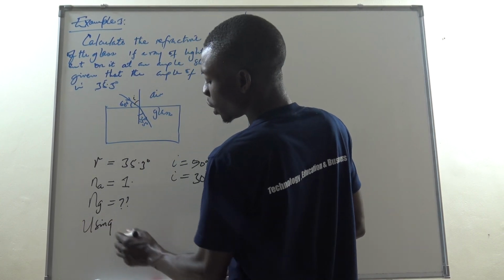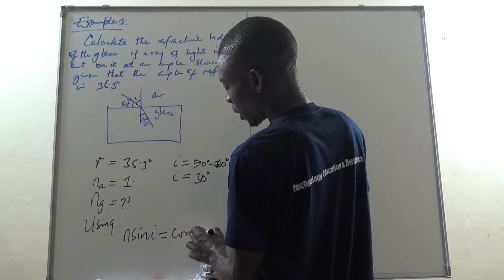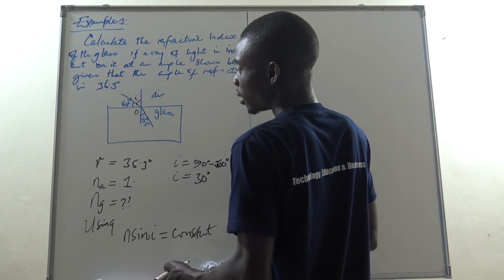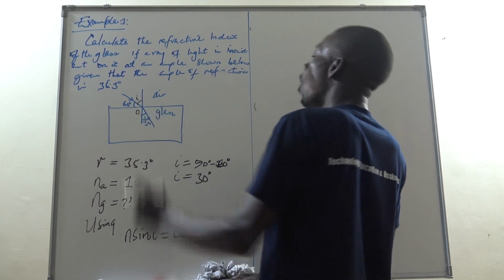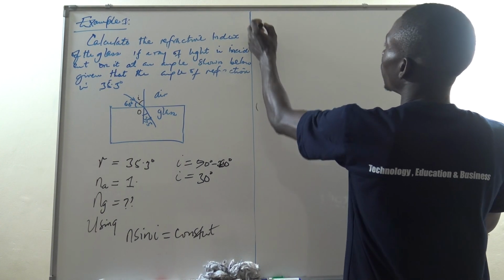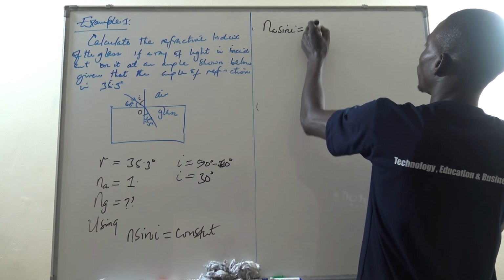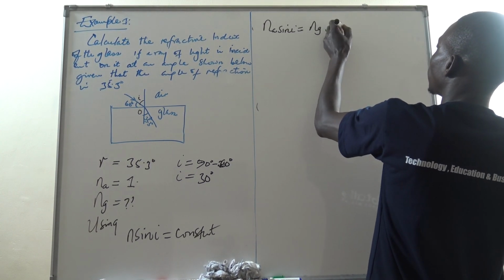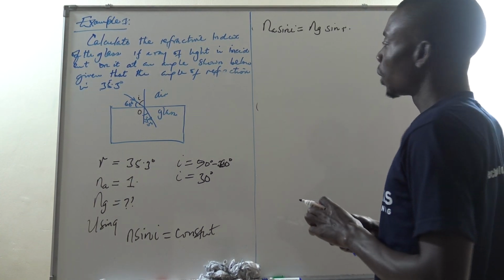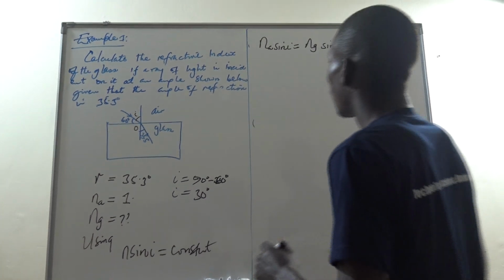Now from there you can say, using n sin i equals a constant, or you can say applying Snell's law at O. If you apply Snell's law at O, it would mean the refractive index of air times sin i equals the refractive index of glass times sin r. That is an alternative that we can talk about. So, as we have already said, the refractive index of air is 1.